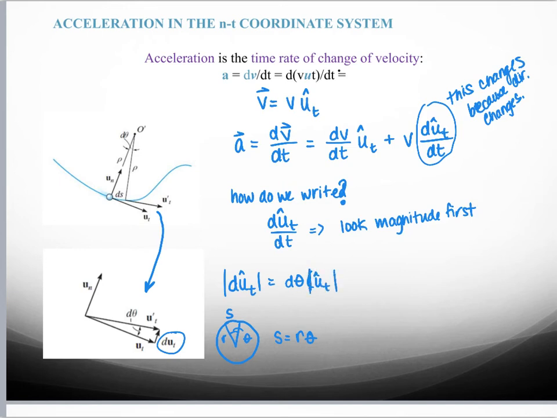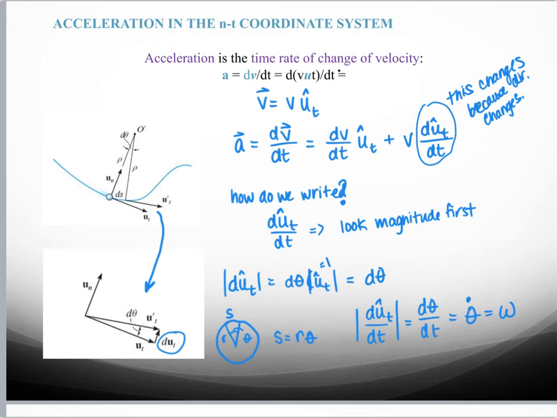And then we'll use that magnitude, which is just equal to 1. So really the magnitude of du tangent is just d theta. And then if we want to find the magnitude of du dt, we just take that d theta and divide it by t. And so we can express that as this, or we can express it as the angular velocity.